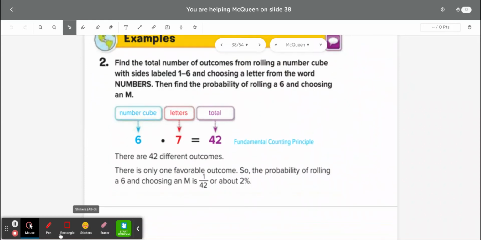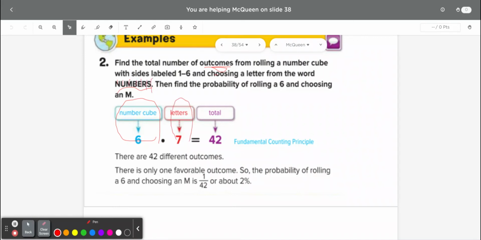All right, so once again, find the total number of outcomes from rolling a number cube and choosing a letter from the word numbers. Your number cube has 6 outcomes with sides labeled 1 through 6. Numbers has 1, 2, 3, 4, 5, 6, 7 outcomes.